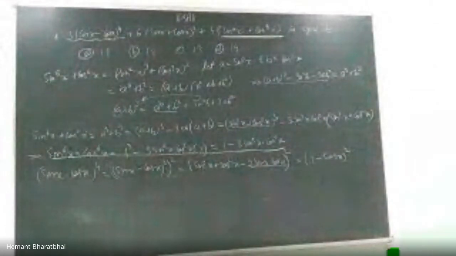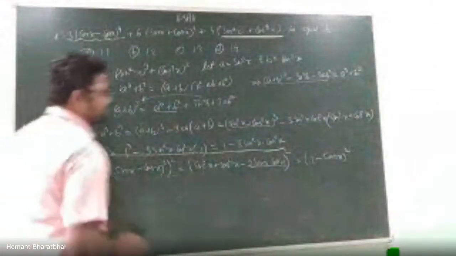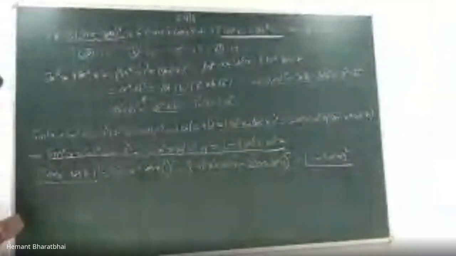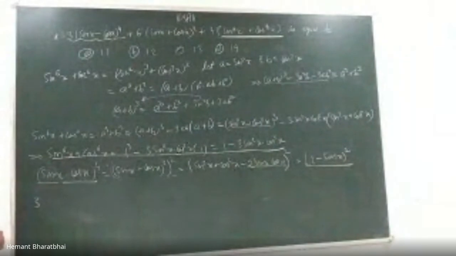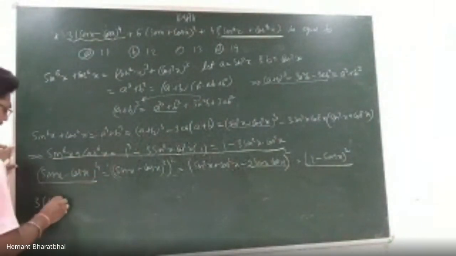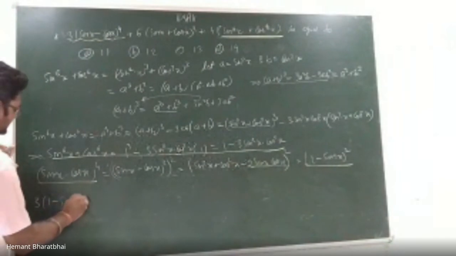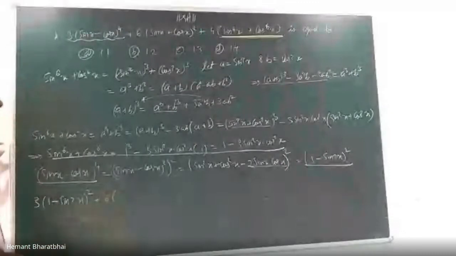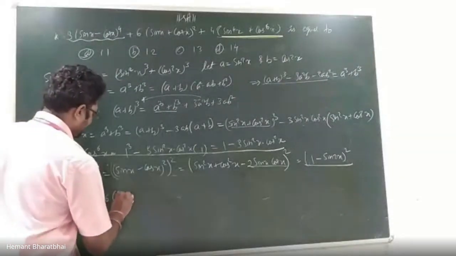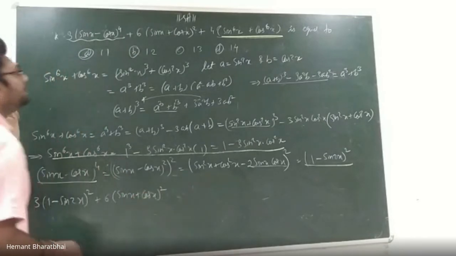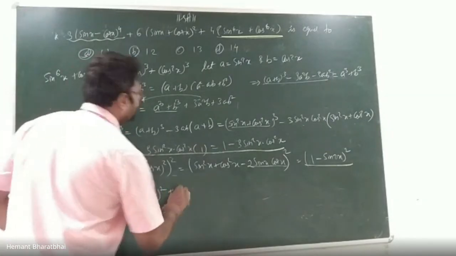Okay, so now let's substitute the values in the given question. So I'll get 3 into, instead of sin x minus cos x the whole raised to 4, I can write 1 minus sin 2x the whole square, plus 6 into sin x plus cos x the whole square plus 4.